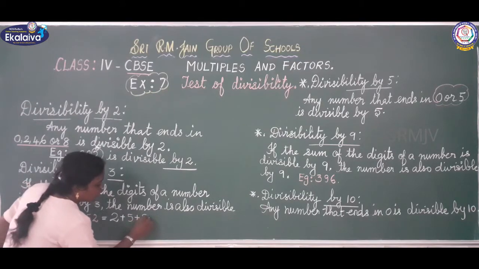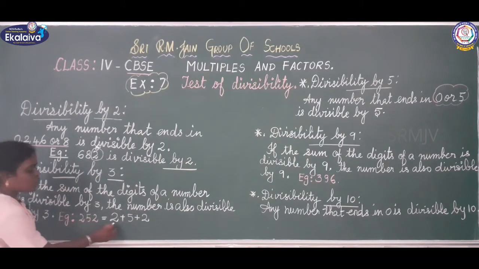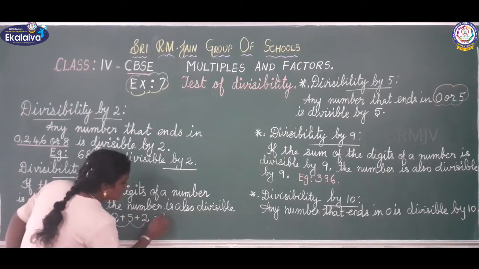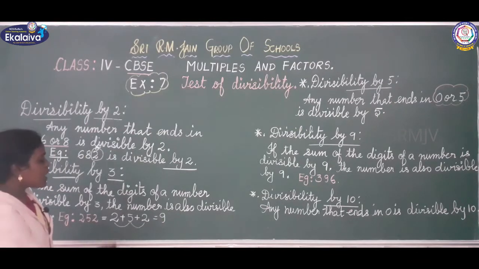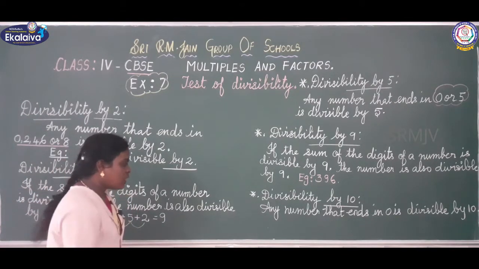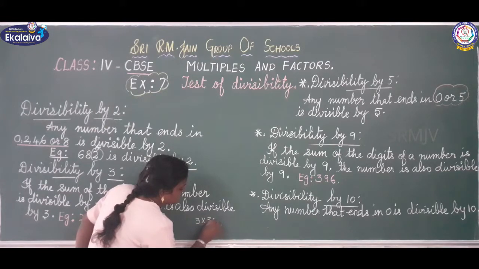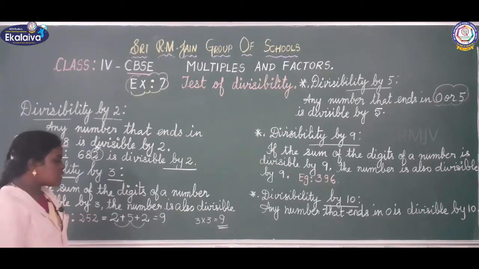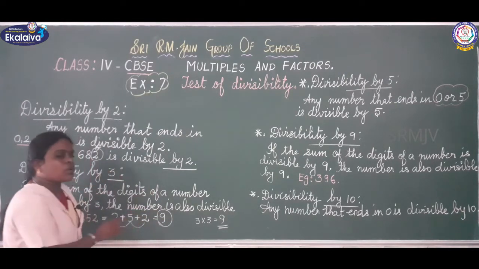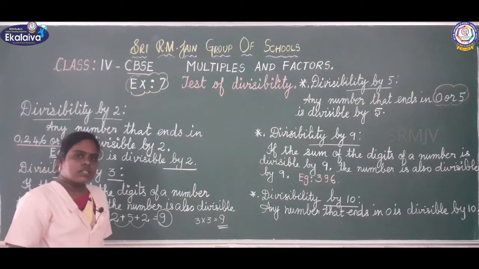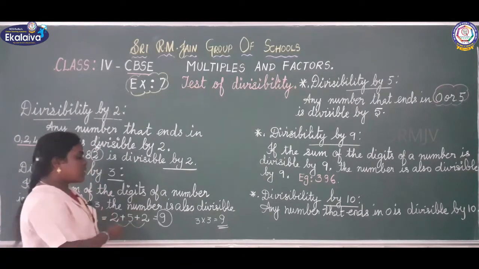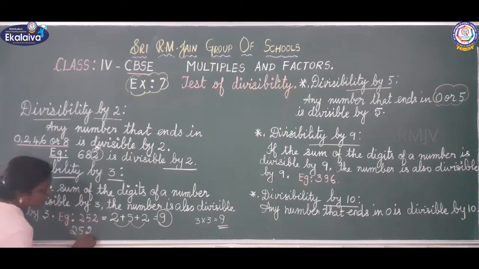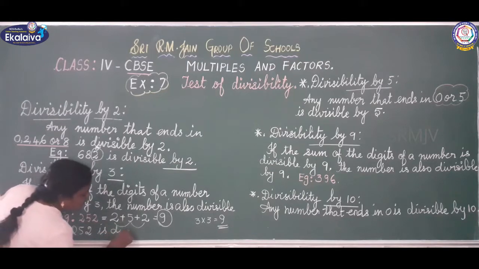You just add the given digits. 2 plus 5, 7. 7 plus 2, 9. Will you get 9 in 3 table? Yes, 3 3s are 9. So 9 is divisible by 3. That means the sum of the digit is divisible by 3. If the sum of the digit is divisible by 3, the given number is also divisible by 3. Here 252 is divisible by 3.